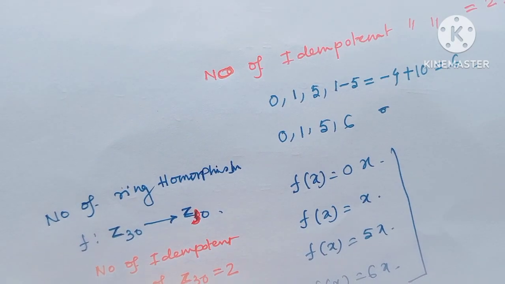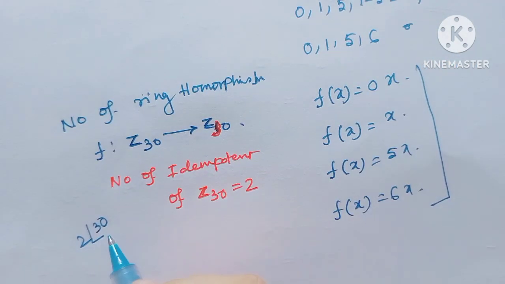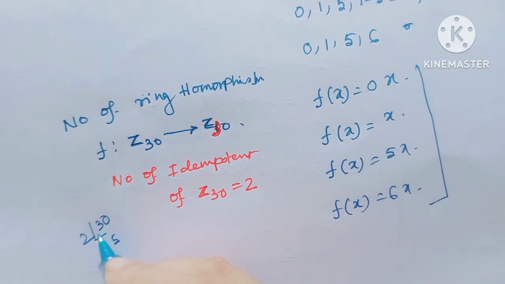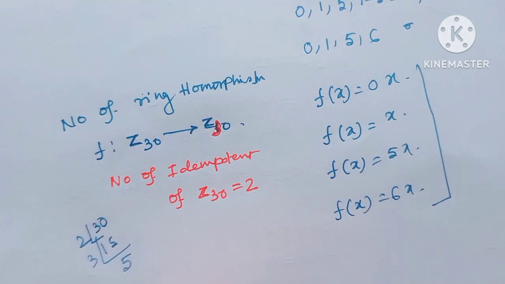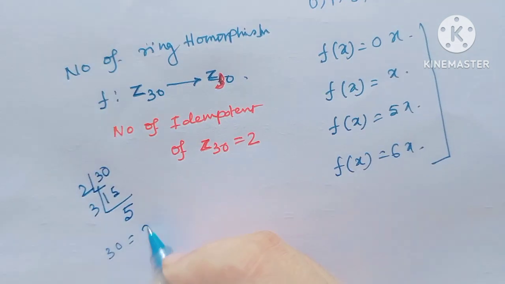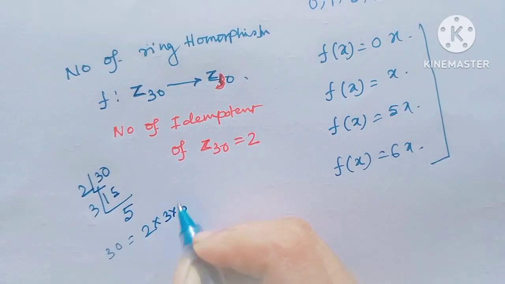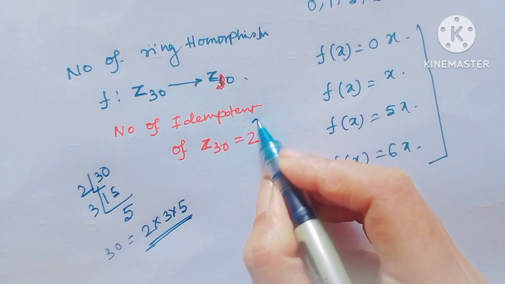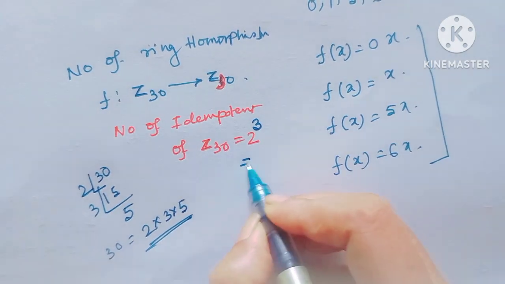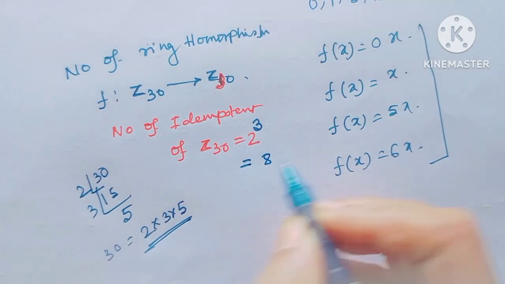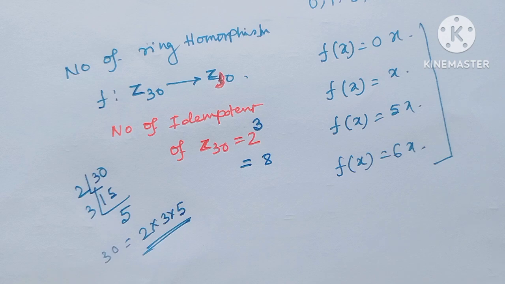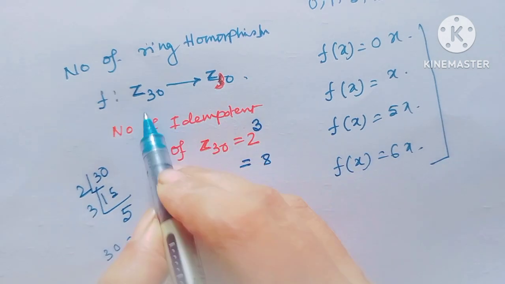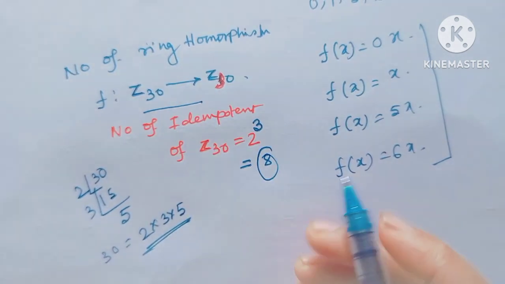Notice 30 equals 2 times 3 times 5. The number of prime divisors is 3. So this is equal to 2 to the power 3, which means 8. Therefore, the number of ring homomorphisms from Z30 to Z30 is 8.